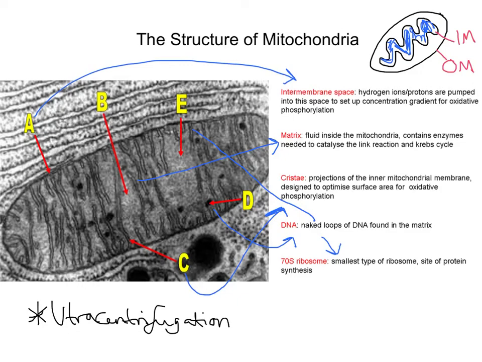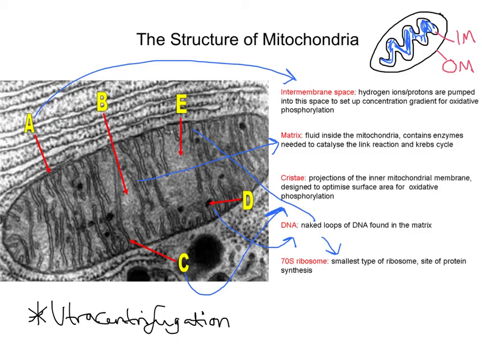Ultracentrifugation is a process where you actually break open the cell, separating out all of the organelles, and you spin the actual sample that you have in test tubes in a machine known as a centrifuge, and you separate organelles out by their size and weight. I have a whole separate video on the centrifugation process, so I won't delve into too much on this video. But using that process, you can actually separate out mitochondria from things like the nucleus, the endoplasmic reticula, the Golgi body, lysosomes, ribosomes.